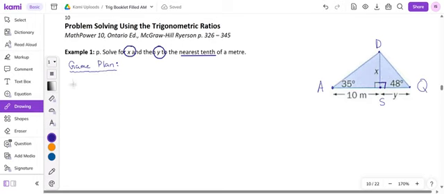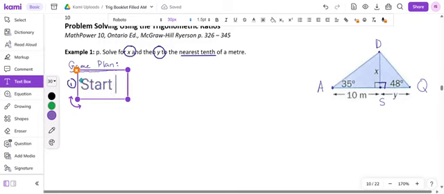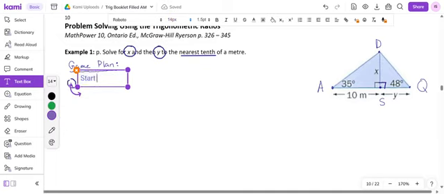So the game plan is, I'm going to type this. Start in the triangle with 3 pieces of info.